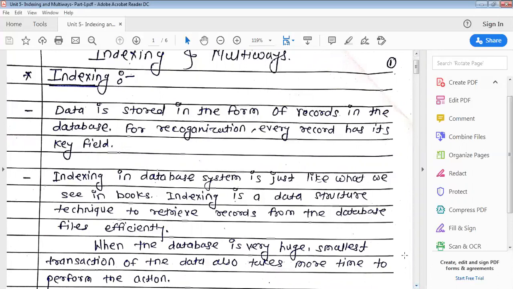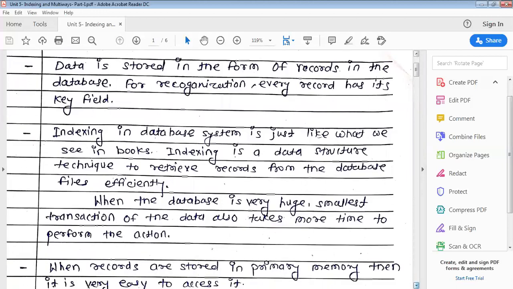Indexing in a database system is just like the index you see in a book. Consider a single book: whatever you want to find in that book, you find with the help of the index. So indexing is a data structure technique to retrieve records from the database file efficiently.